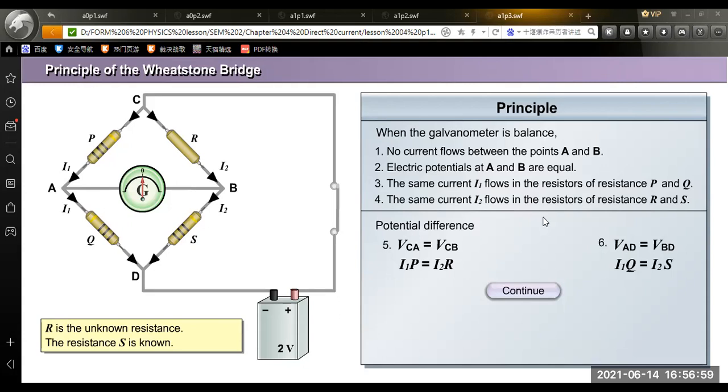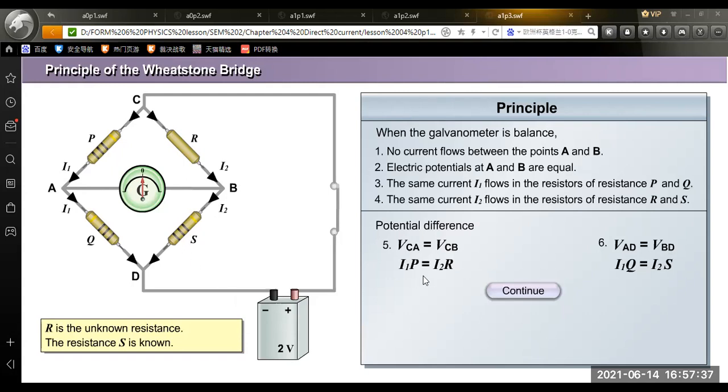Because the potential of A is equal to the potential of B. That means no potential difference occurs. The same current I1 flows in the resistors of resistance P and Q. The same current I2 flows in the resistors of resistance R and S. Why? Because PQ are in series, RS are in series.